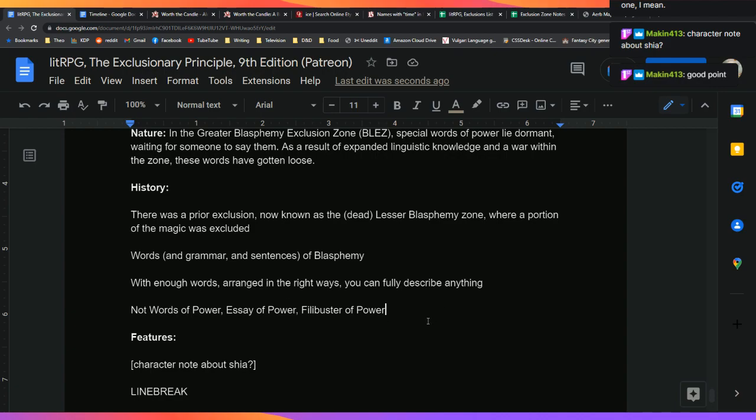I'm fine with this doc containing spoilers. I just want them to be the right kind of spoilers. I want them to be the kind of spoilers that, if you've not read Worth the Candle, will make you want to read Worth the Candle and in some way enhance, through dramatic irony or whatever, your reading of the thing.